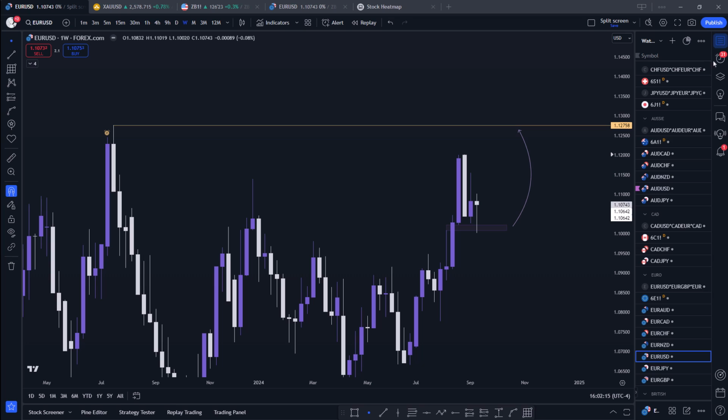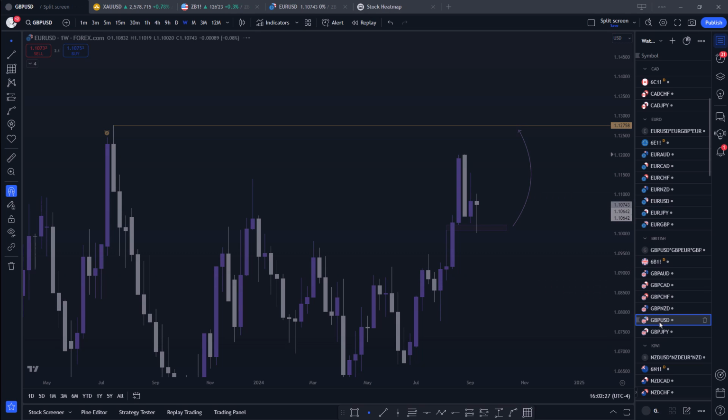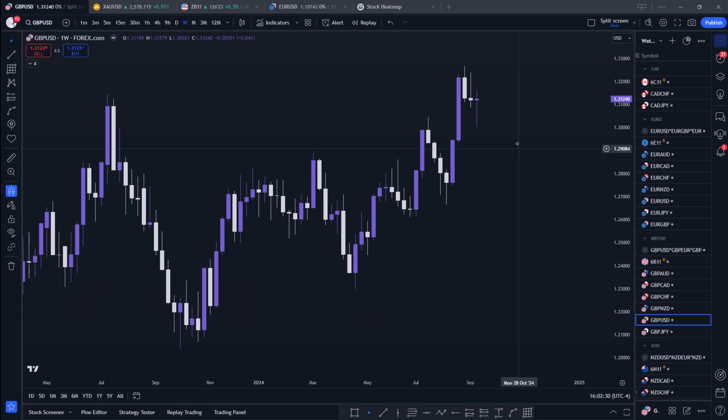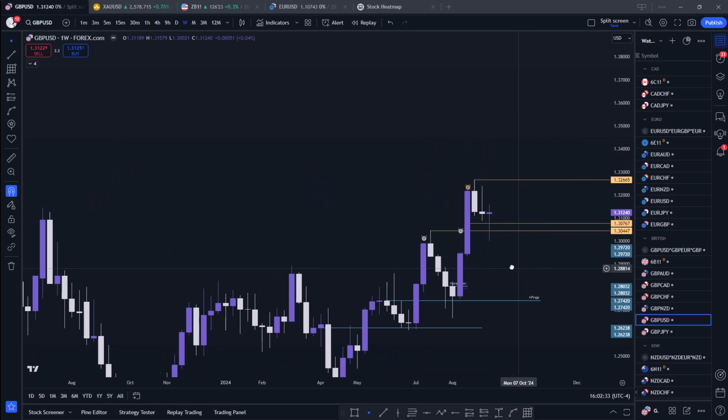When we look at euro, we already know that there is an SMT divergence between euro and dollar, but we also would look at the directly correlated pair, in this case, euro versus the pound. On pound, GBPUSD, we see that we also have the same fair value gap, right?